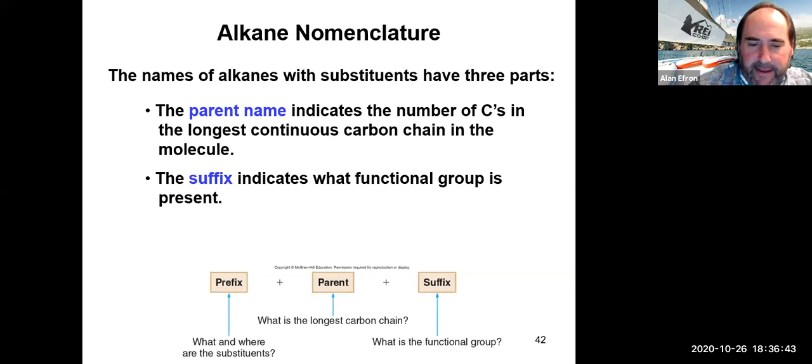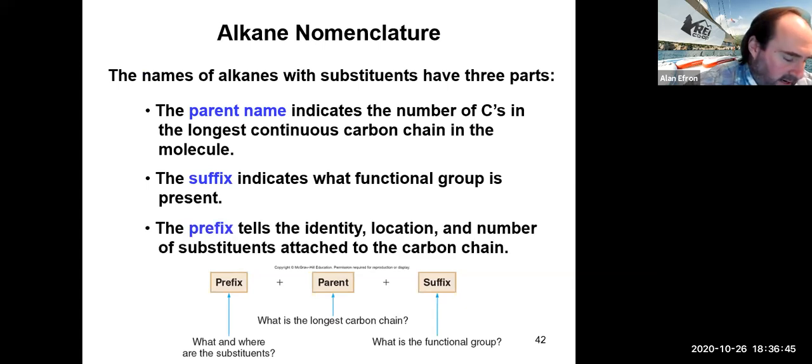But basically the basis of the name, as we went through in those few examples, is that you always want to look for the longest continuous carbon chain. And again, it does not have to be the straightest. It can go this way, then come up, and then go over. The only thing you cannot do is go from one side to the next and back up and go backward.